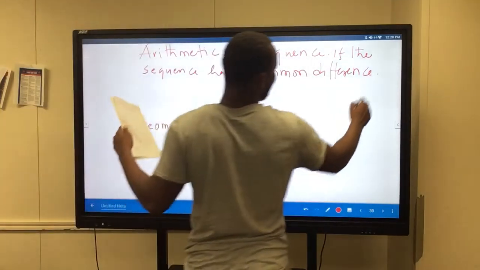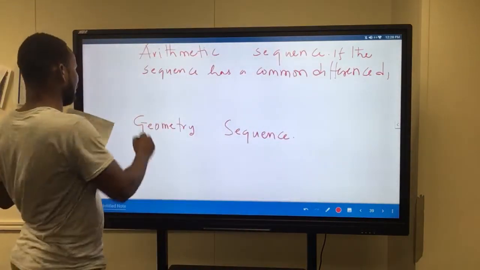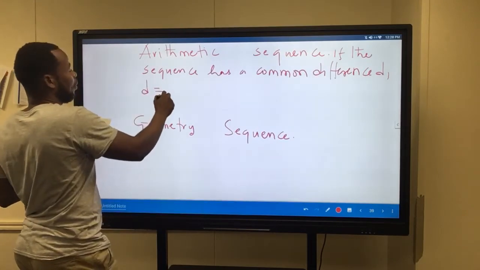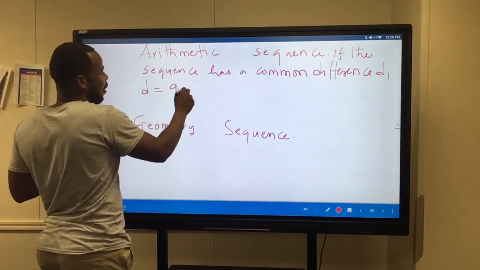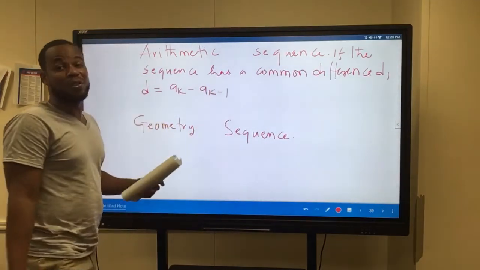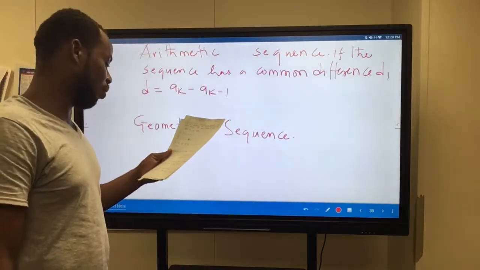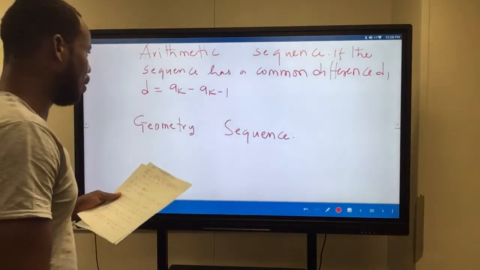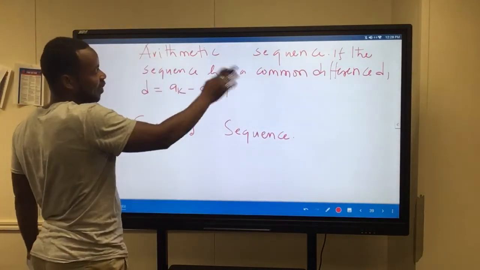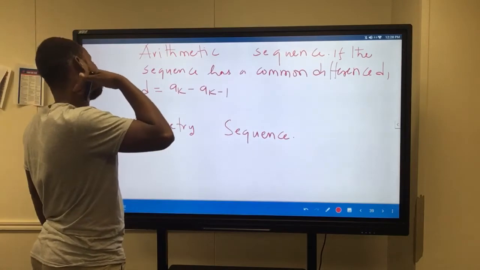We normally name the common difference D. So the common difference D will be equal to a_k minus a_(k-1). You are wondering what that means, so I will use an example to demonstrate. What it means is that we take the term and subtract the term preceding it.